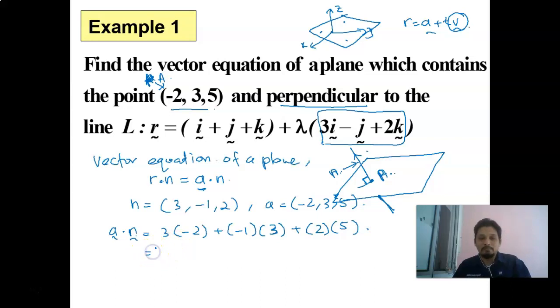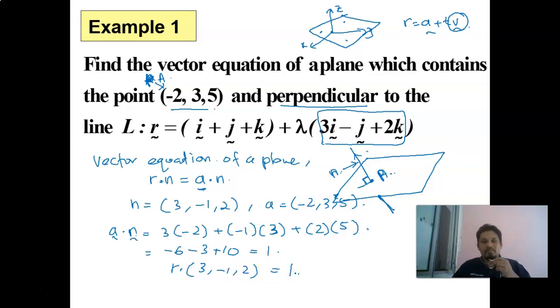So -6, -1 times 3 is -3, 2 times 5 equals 10. So -6 minus 3 is -9, plus 10 equals 1. Then r dot n, where n is 3, -1, and 2, equals 1. There you go.